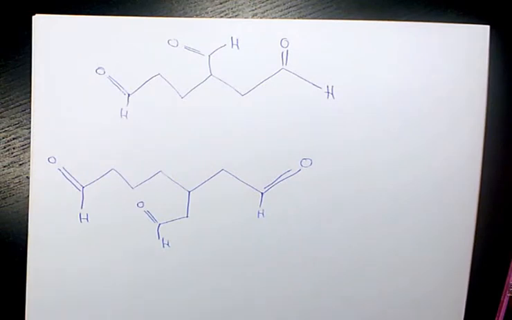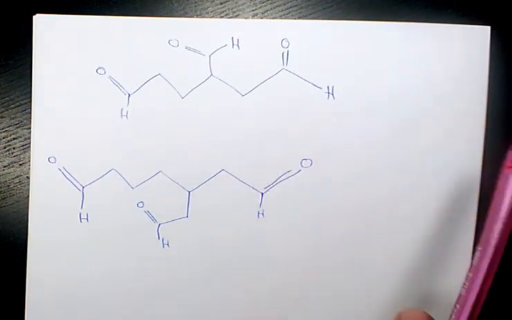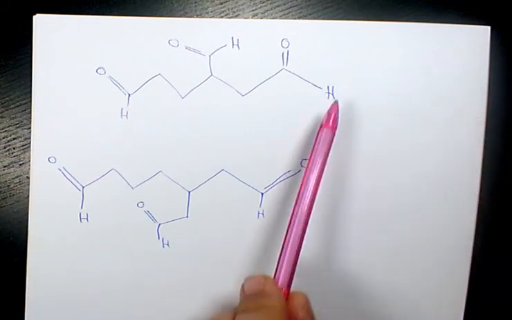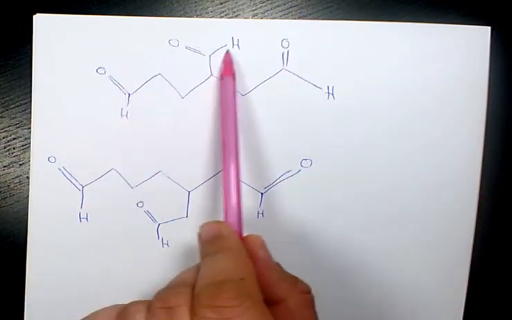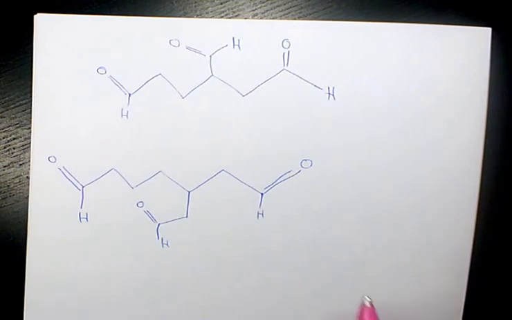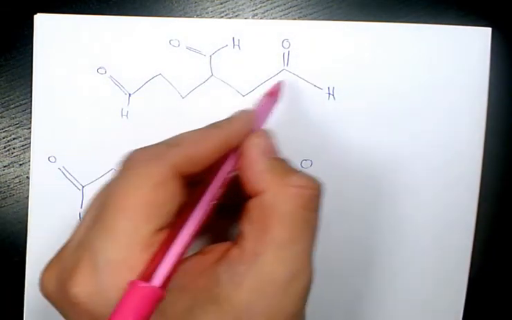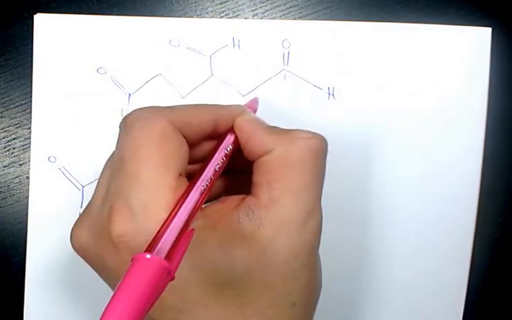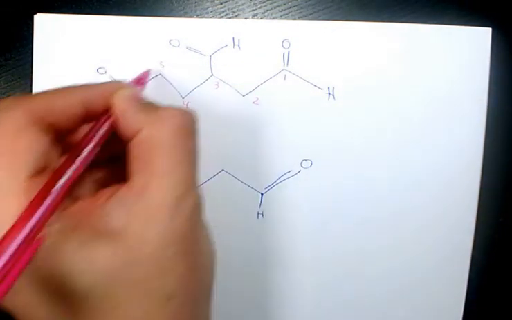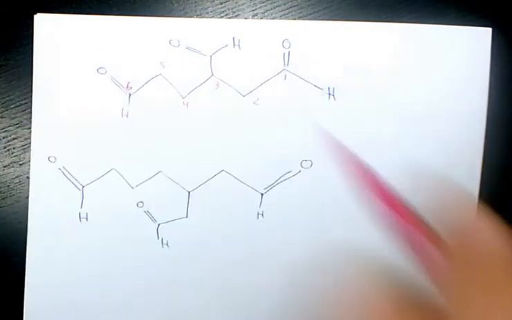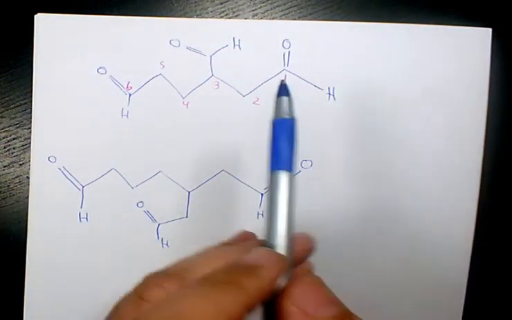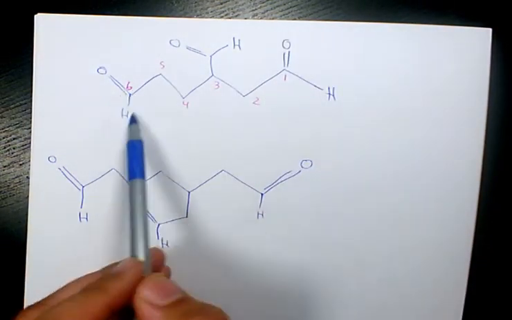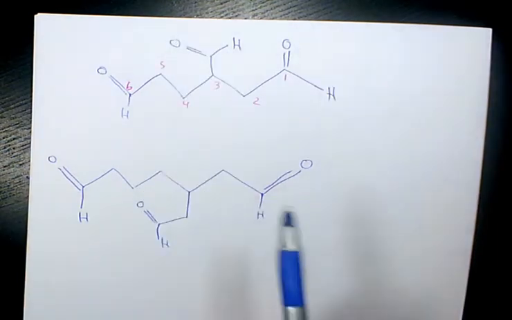Now let's make it a little bit more complicated. Here we have more than one aldehyde group. We have one here, and one here as substituent. So I'm going to number it from this side. So we're going to have 1, 2, 3, 4, 5, 6. So we have 6 carbons. We have an aldehyde here, and an aldehyde here.